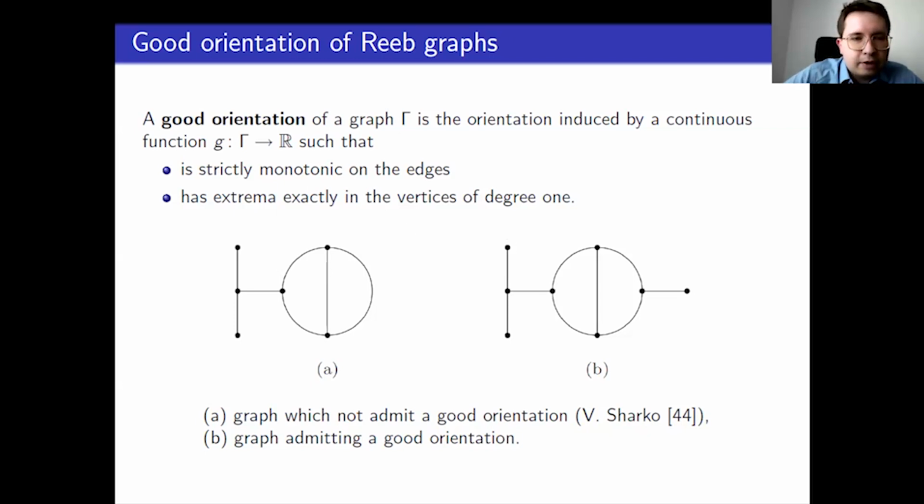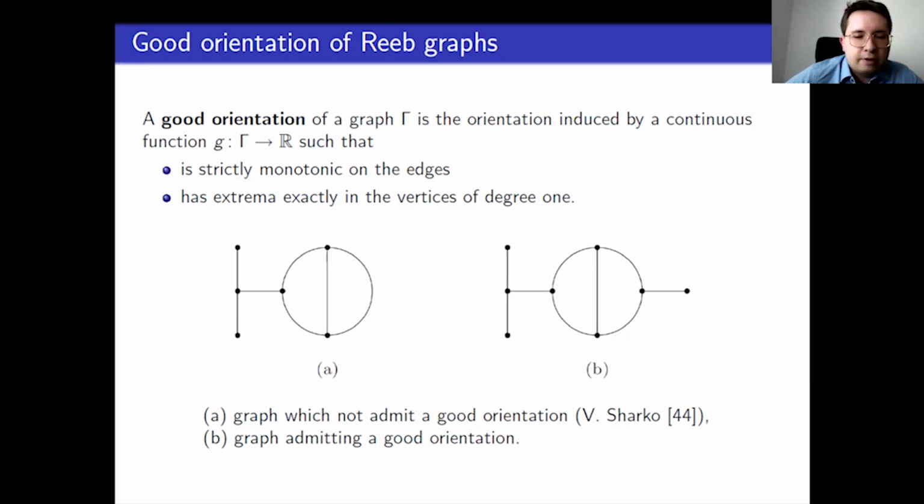This orientation was described combinatorially by Michalak, and it is easy to see that any Reeb graph admits such a good orientation induced by a function obtained by the quotient topology.